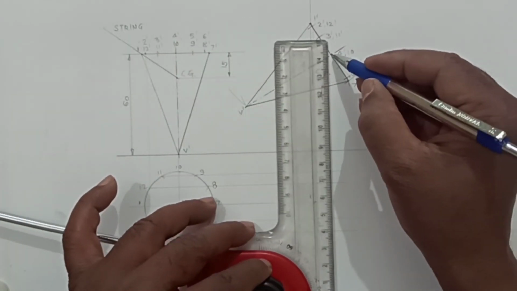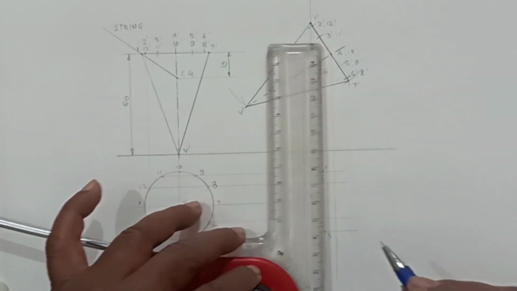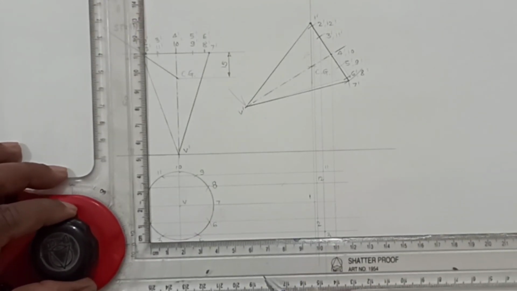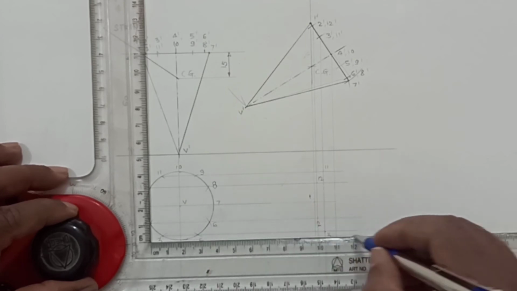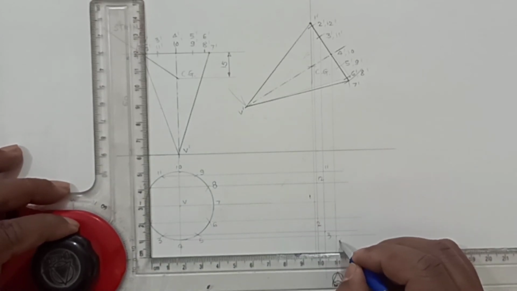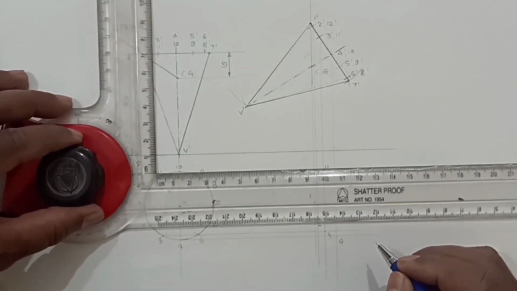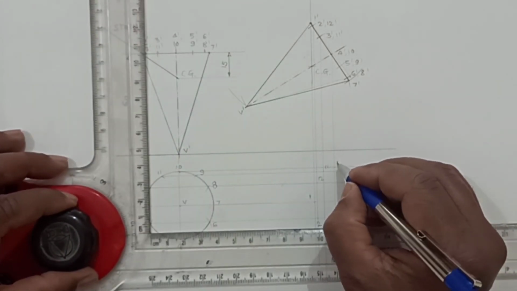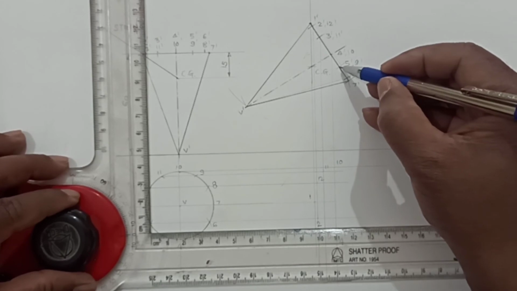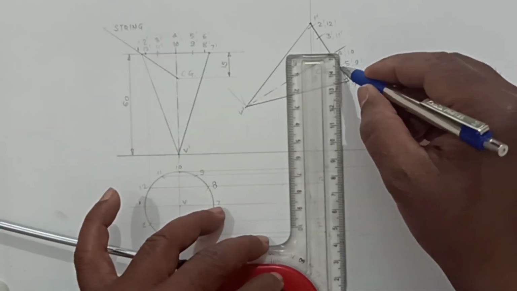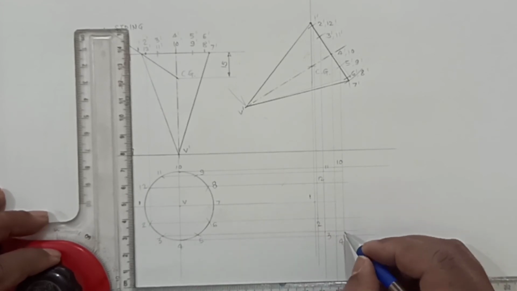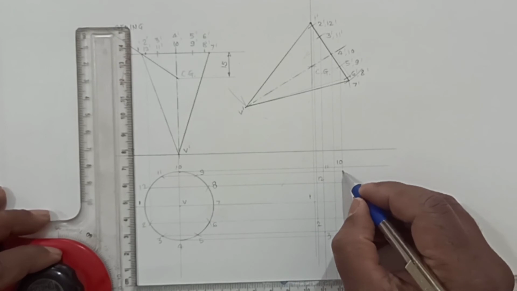Now next are 4 and 10. This will be the 4, and the 10 will be here. Now 5 and 9. So this is 5, and this is 9.